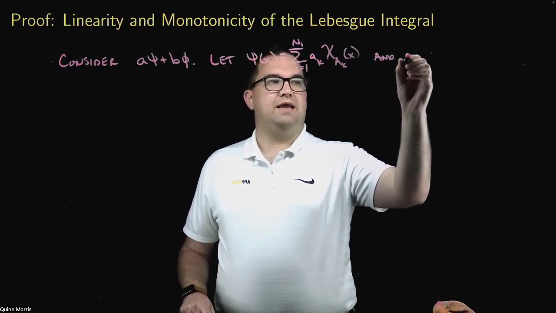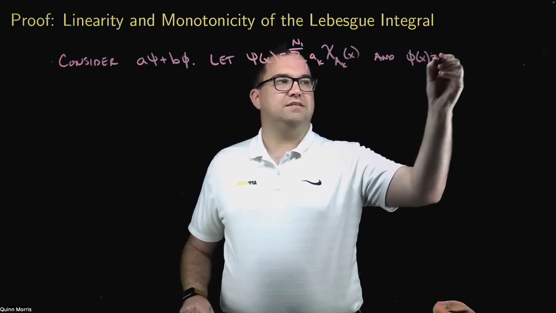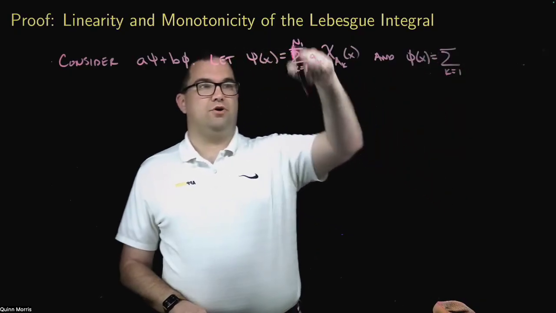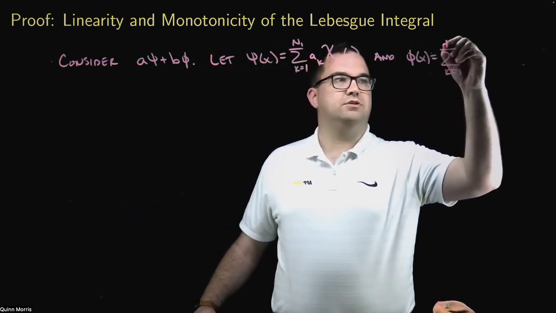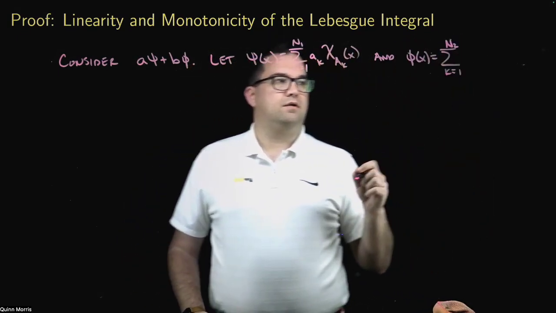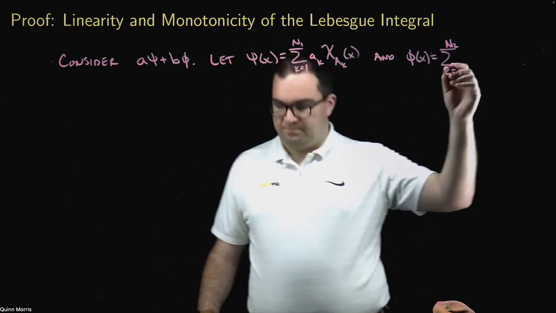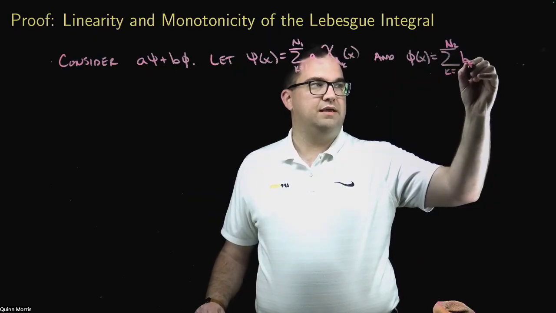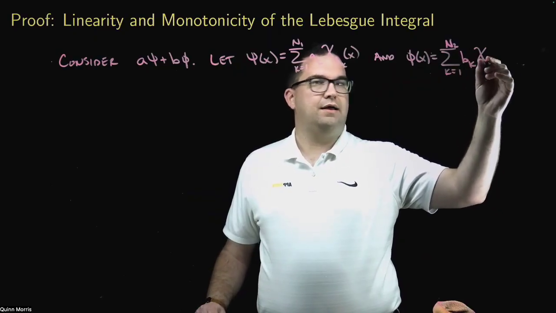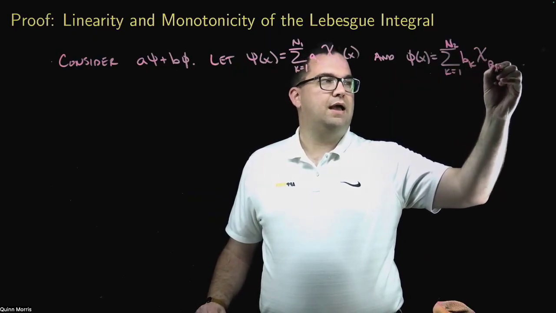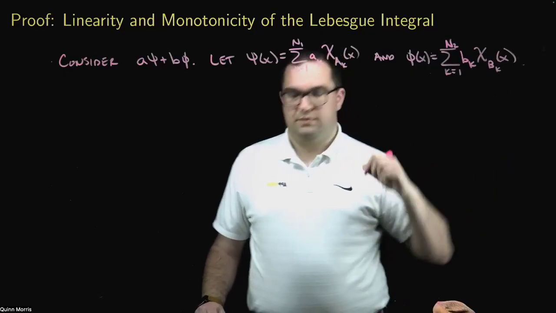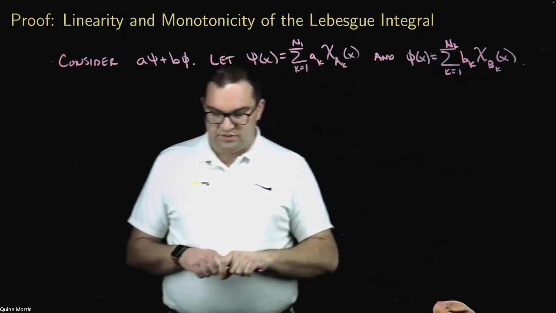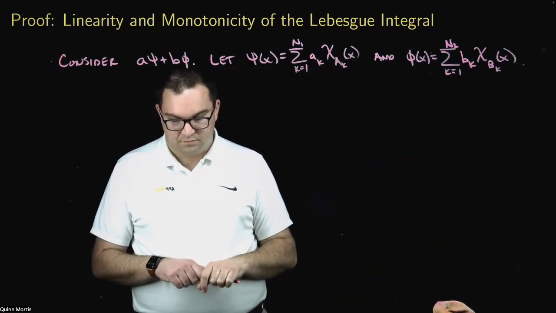And let's take phi of x. It has its own canonical representation, k equals 1 up to, again, there could be more terms in one than the other, so N2. And again, this has different values, so let's call these BKs times chi of BK. Okay, so these are the canonical representations of psi and phi.